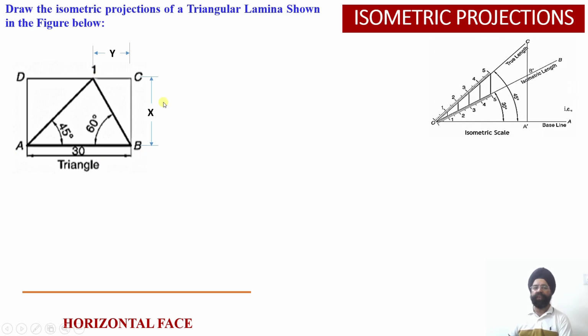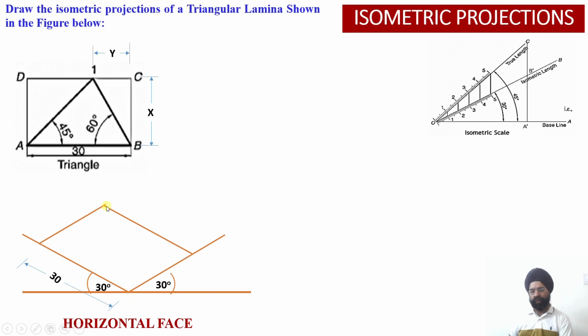Let us see how we can work upon the projections of the triangle in the isometric projection. Since this is the horizontal face, the two axes used will be the x-axis and z-axis. On the x-axis, I keep my length equal to 30 millimeter, so the length of my rectangular face is 30 millimeter. Now I draw the length equal to x, because this measurement I have not shown.